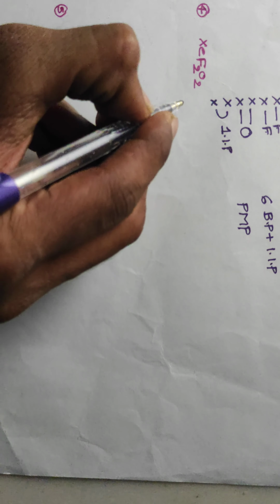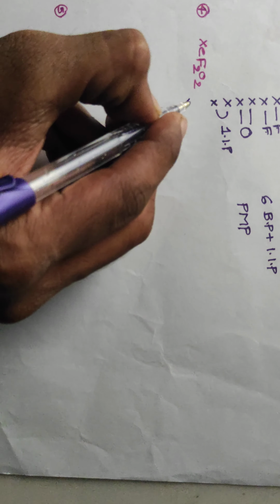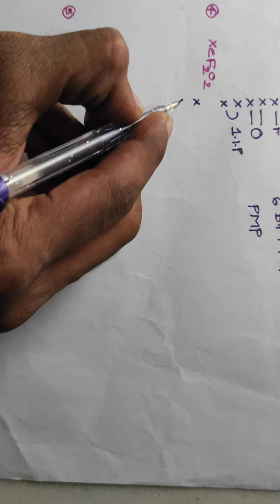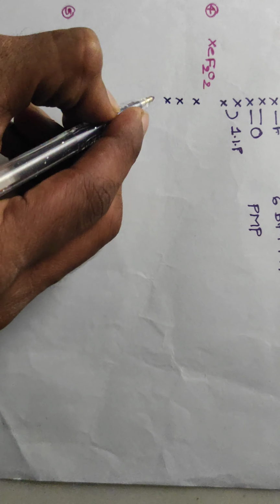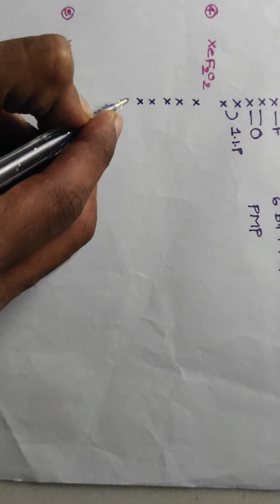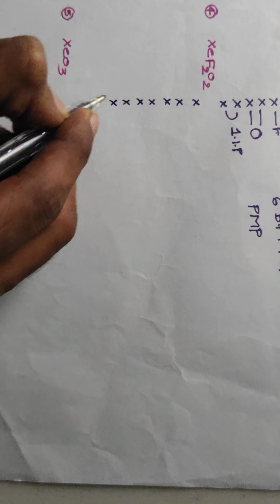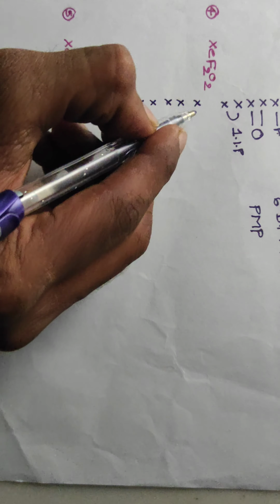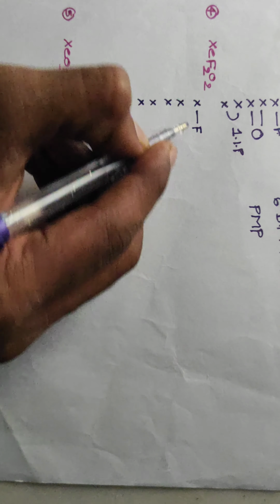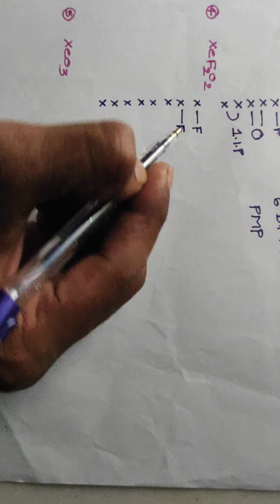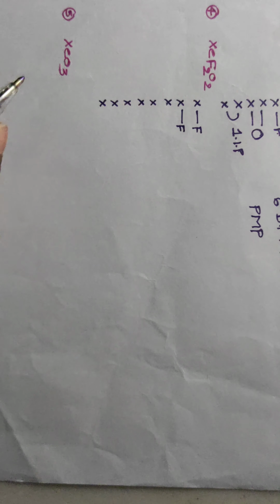Next molecule is XeF2O2. In the XeF2O2 molecule, the central atom is xenon. Xenon is a group 8 element, so it has 8 electrons in its outermost shell. Fluorine is a monovalent atom, and there are 2 fluorine atoms in the XeF2O2 molecule.